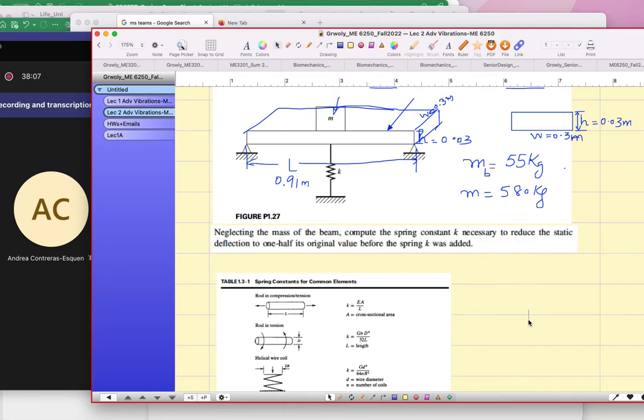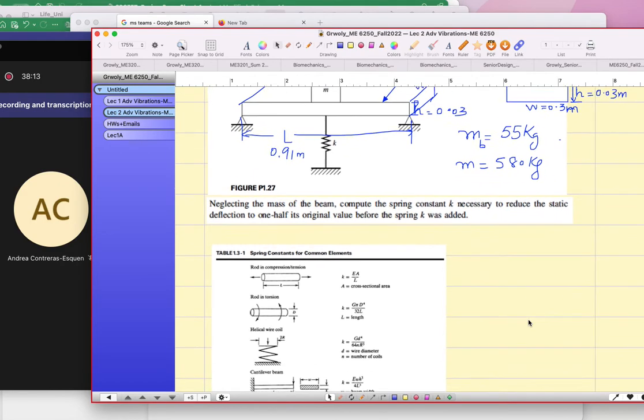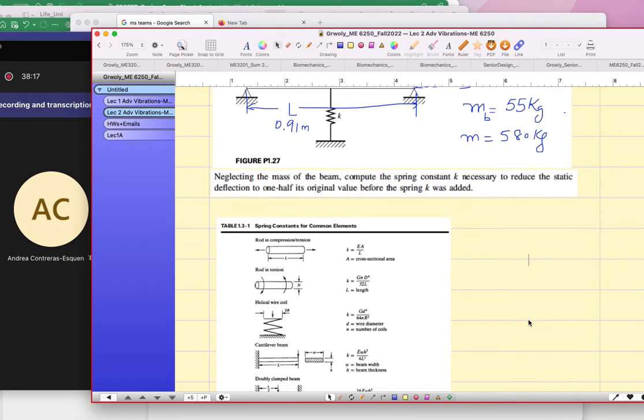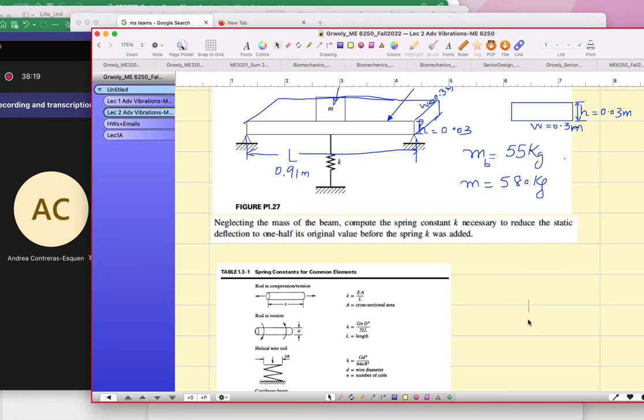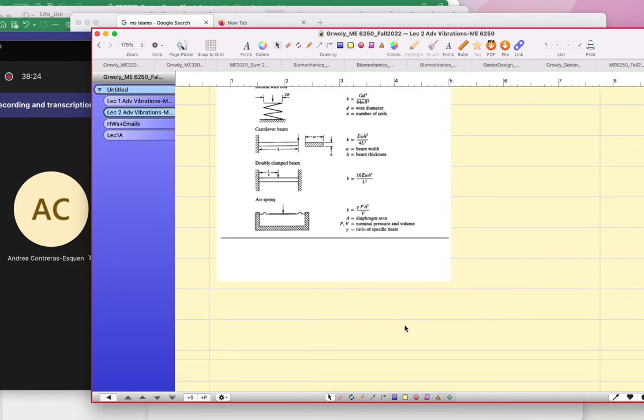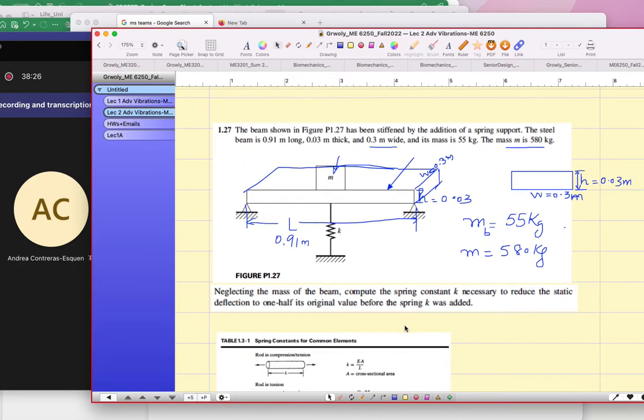Compute the spring constant K necessary to reduce the static deflection to 1/2 of its original value before the spring was added. So what happens, let me show you. He's trying to explain that if there is no external spring, it will deflect like this.